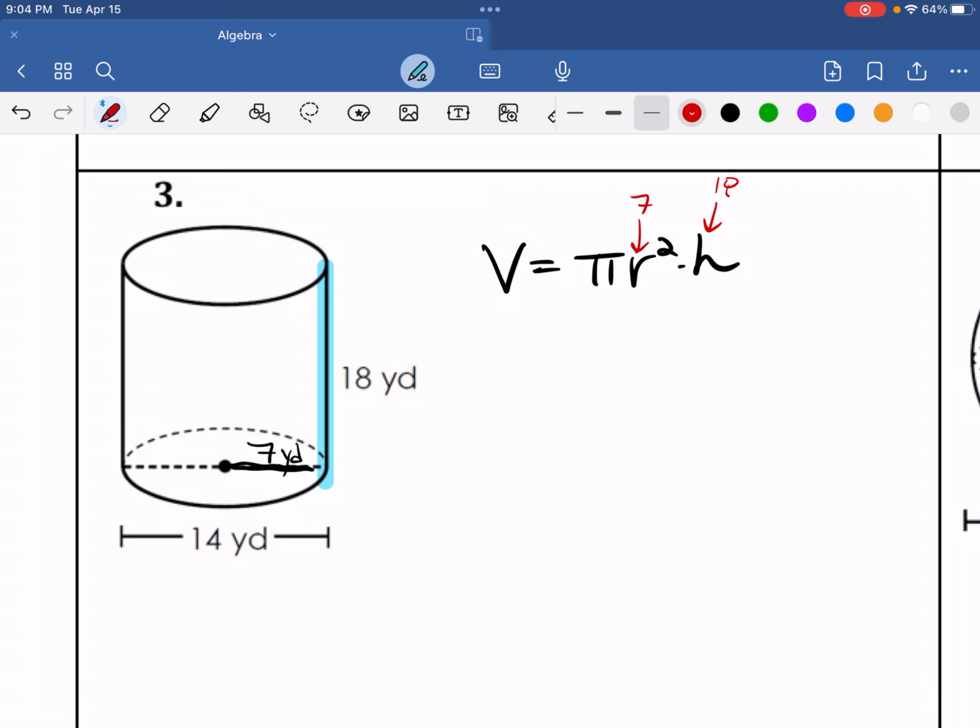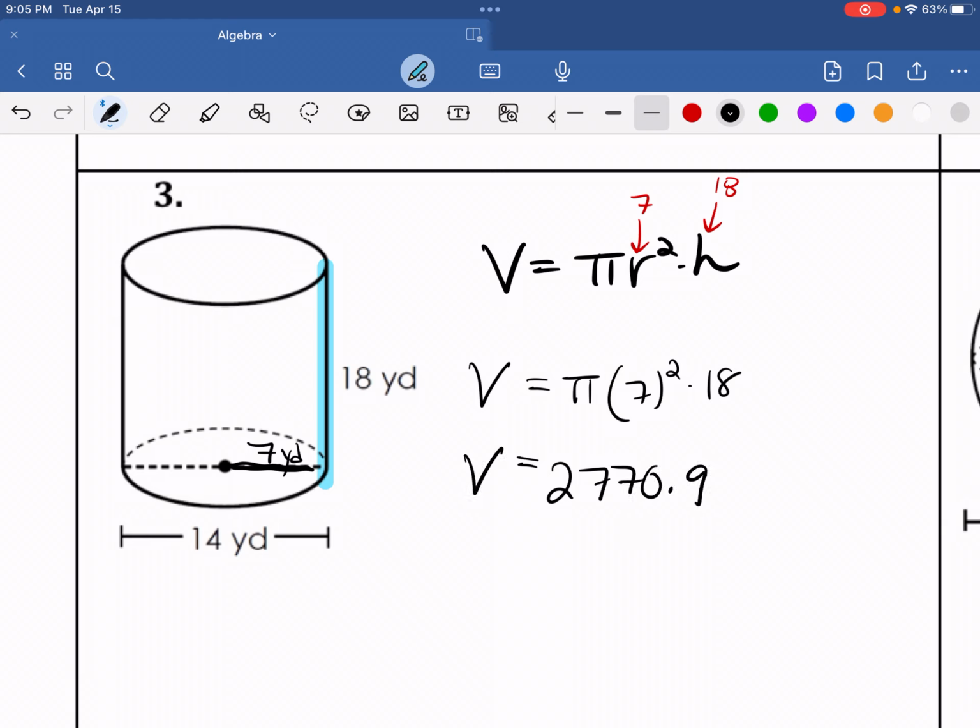So in here we put 18. So it'd be pi 7 squared times 18. And we get 2,070.9 yards cubed.